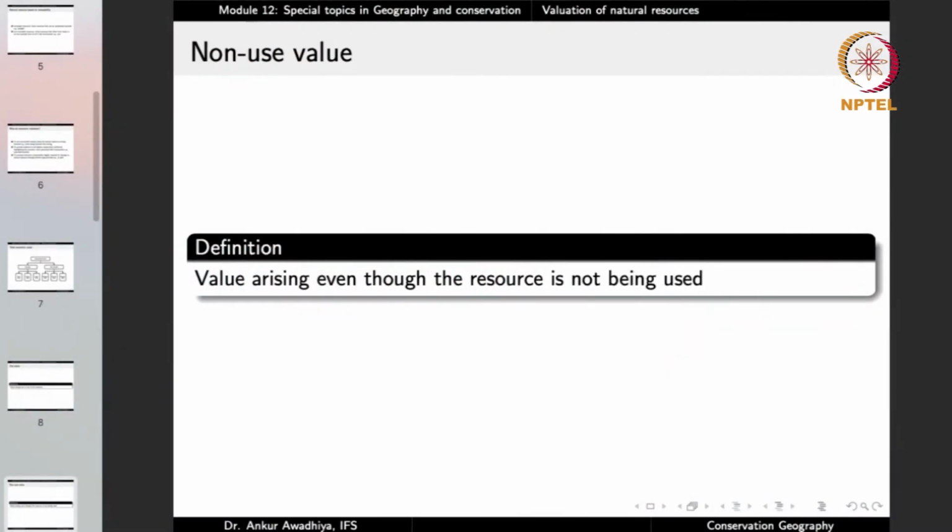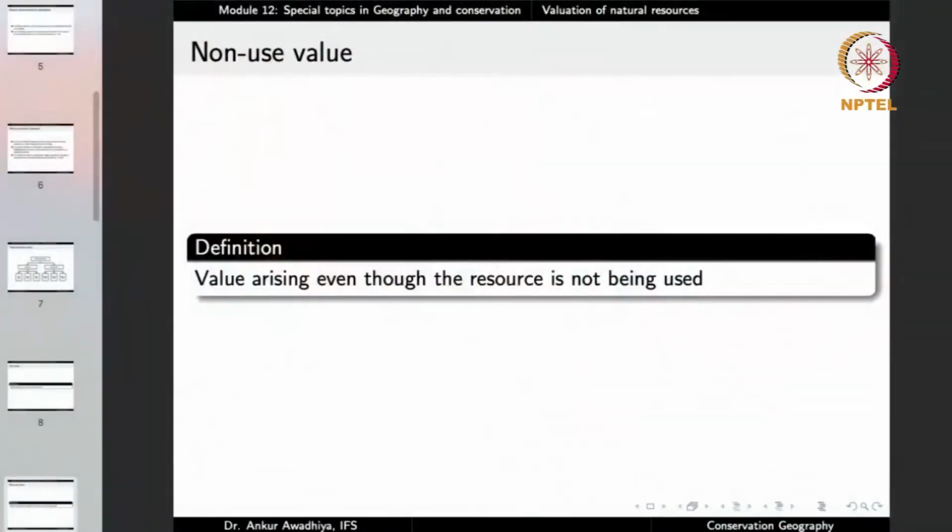At the same time, we also have the non-use value, that is the value arising even though the resource is not being used. So even if you have a forest and you are not using that forest, then too it provides you with certain benefits, certain values. And that value is known as the non-use value of the forest.